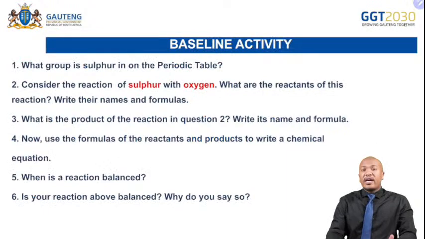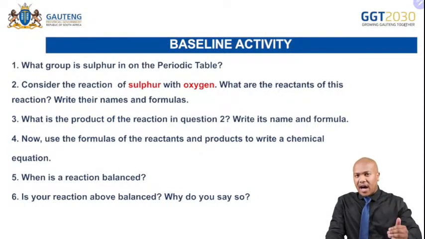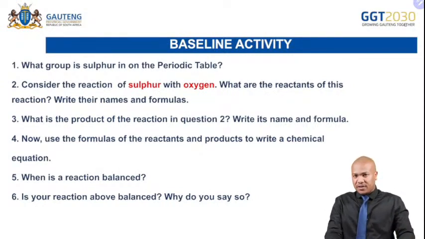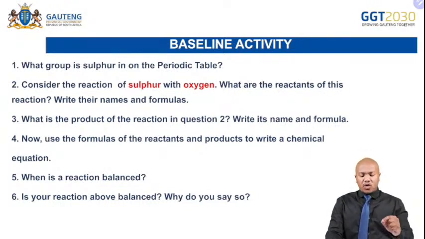So now, let's look at the baseline activity. We're going to go through the questions together. Then I'm going to give you 5 minutes to complete the baseline activity. Right, number 1. It says, what group is sulfur in on the periodic table? You need to look at your periodic table to identify the answers.